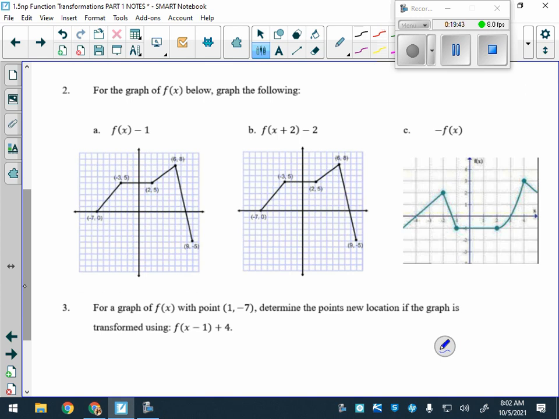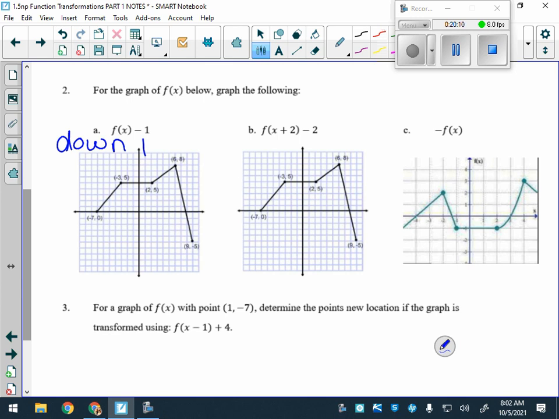Okay? So if we look at A, what is happening? f of x minus 1. What does that mean? Emily? Moving down 1. So all of these functions, all of these points are moving down 1. One key with these, connect as you go so you don't lose your place. Okay?